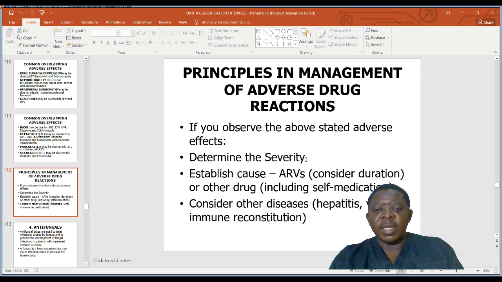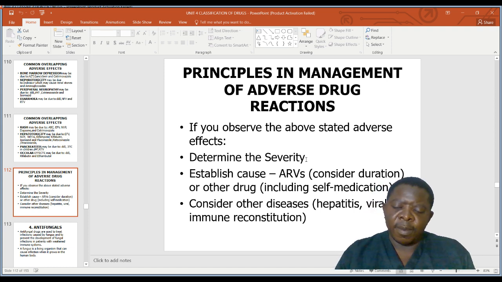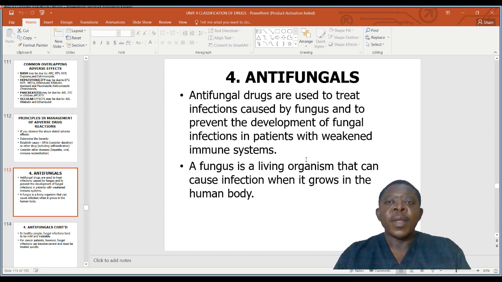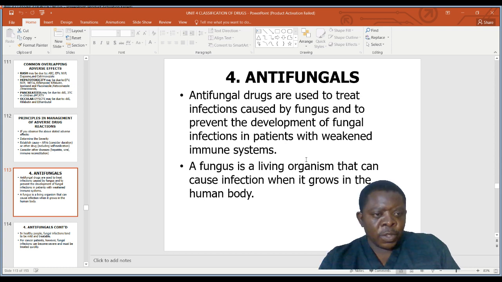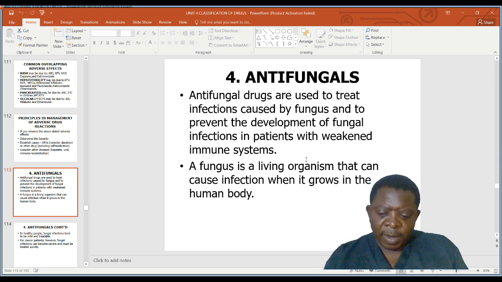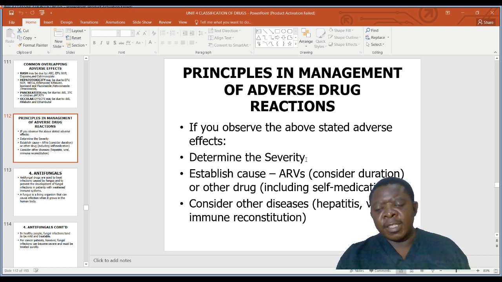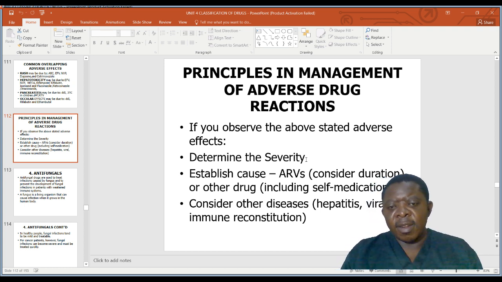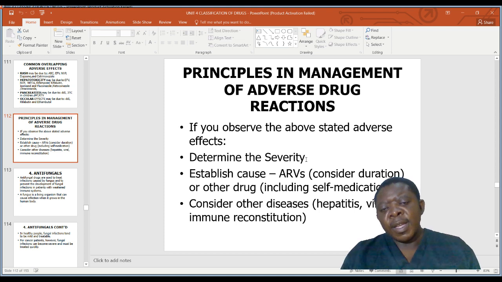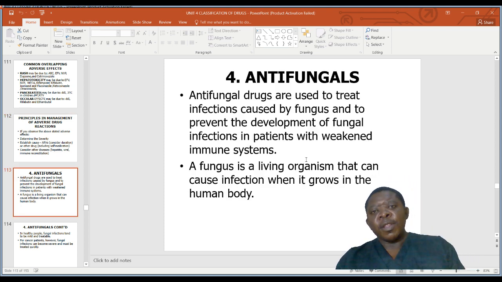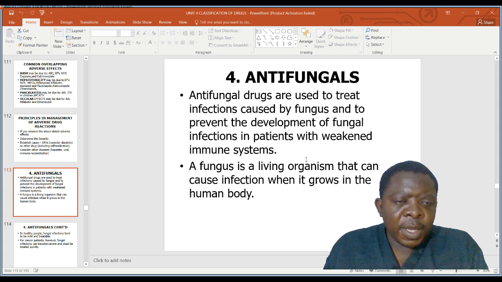Then consider other diseases like hepatitis, viral infections, immune reconstitution problems, so that you rule out other diseases. So that was the fourth group of drugs that we have discussed, antiviral drugs, and some of the principles in management of these side effects by ruling out other diseases, also by putting in the necessary remedies and ruling out self-medication.